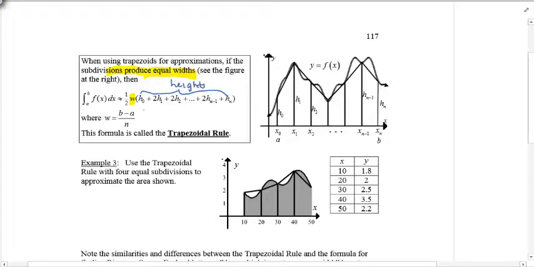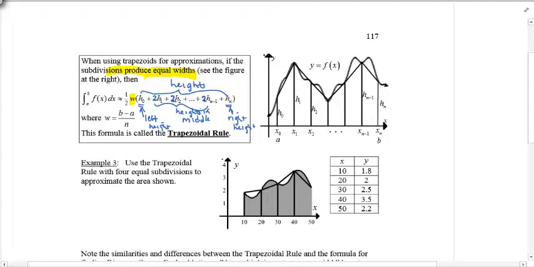The heights used, right? H sub 0, that's the leftmost height. So left height. And H sub n is the rightmost height. And these are all the heights in the middle. And why is there a factor of 2 in front of all of those in the middle? That's right, it's used twice.